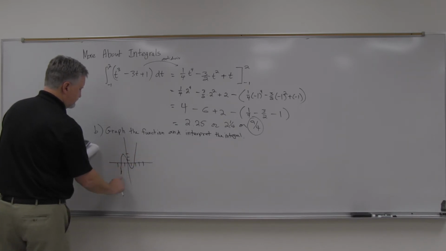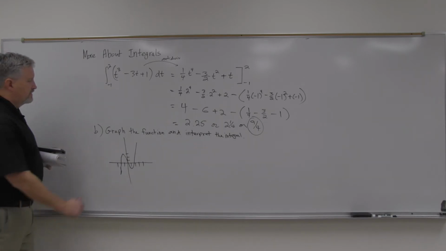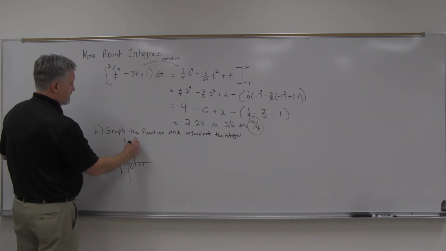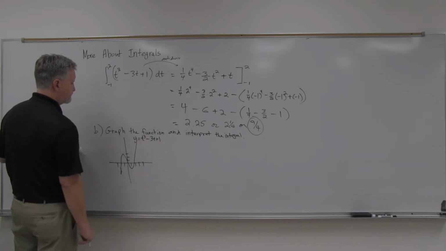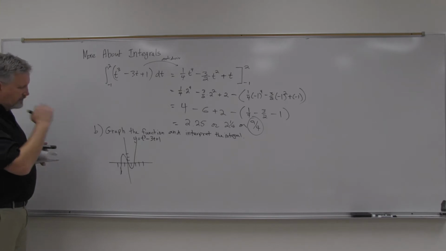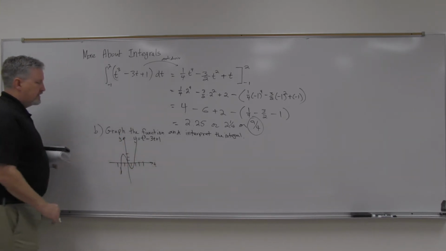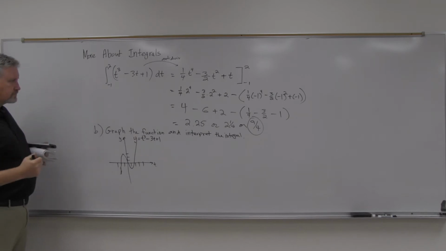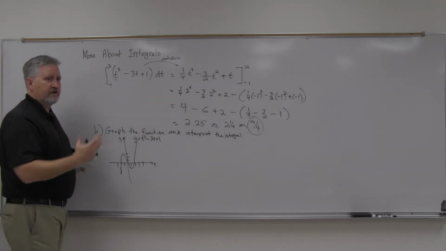So that's our graph. Technically it's t cubed minus 3t plus 1, and this would be the t-axis instead of x. But anyway, what we know about this integral is that we're talking about the area between the curve and the x-axis.